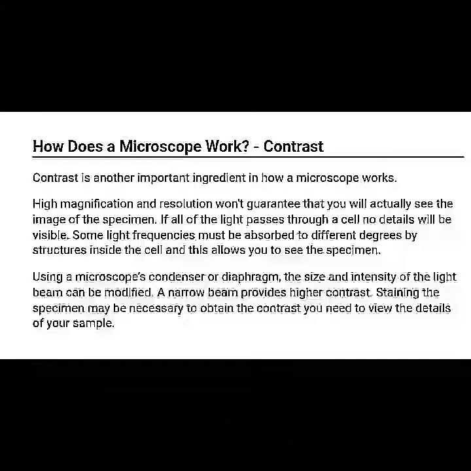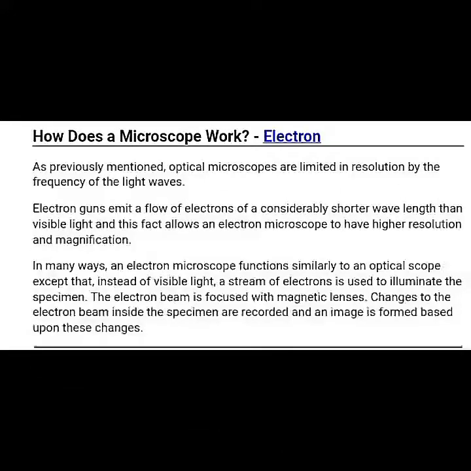Electron. As previously mentioned, optical microscopes are limited in resolution by the frequency of light waves. Electron guns emit a flow of electrons of a considerably shorter wavelength than visible light, and this fact allows an electron microscope to have a higher resolution and magnification.